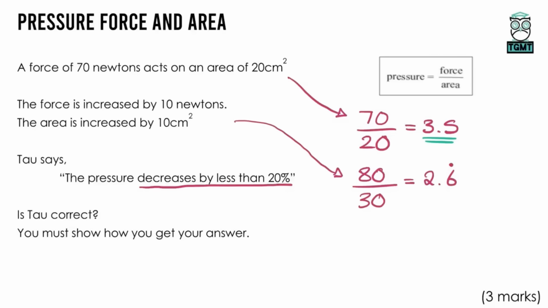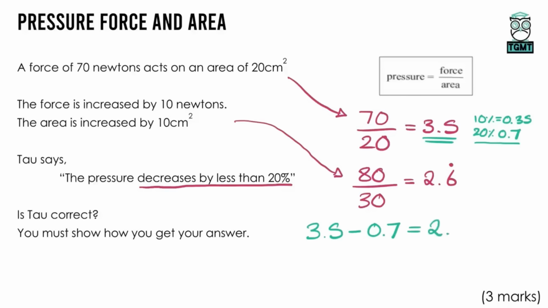Now with a calculator, you can of course just work out 1%. I'm going to work out 10%. So 10% is 0.35. 20% will be double that, 0.7. So 20% is 0.7. Now if we do 3.5 subtract 0.7, and again we could just do this on a calculator just to make sure we get everything correct, that comes out as 2.8.